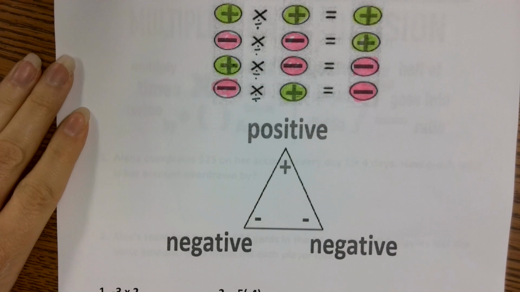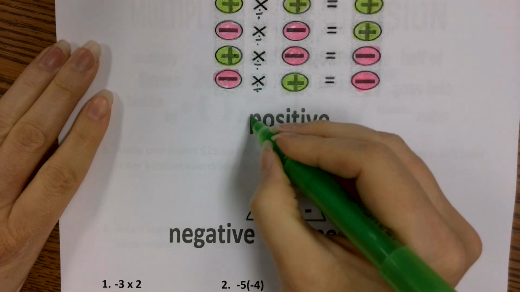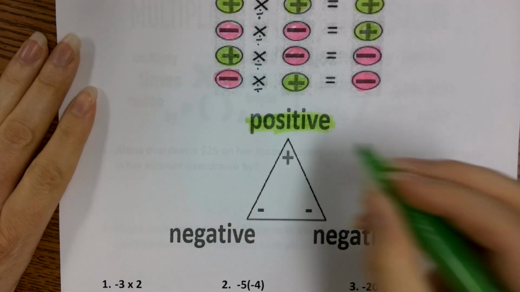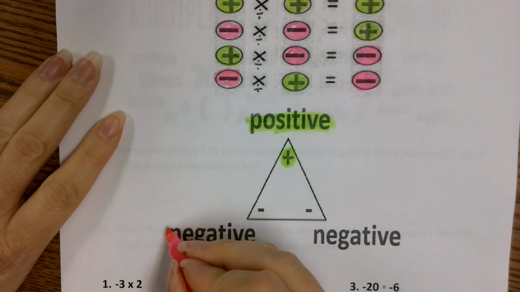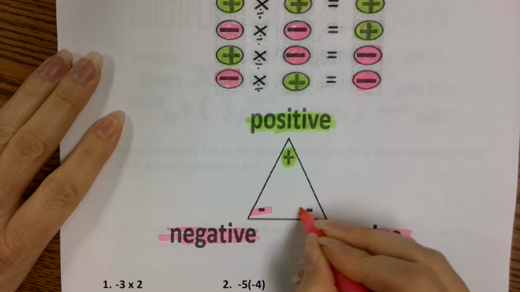A lot of people like the triangle. The triangle has three corners. In one corner, we place a positive symbol, and at the other two corners, we place a negative symbol.